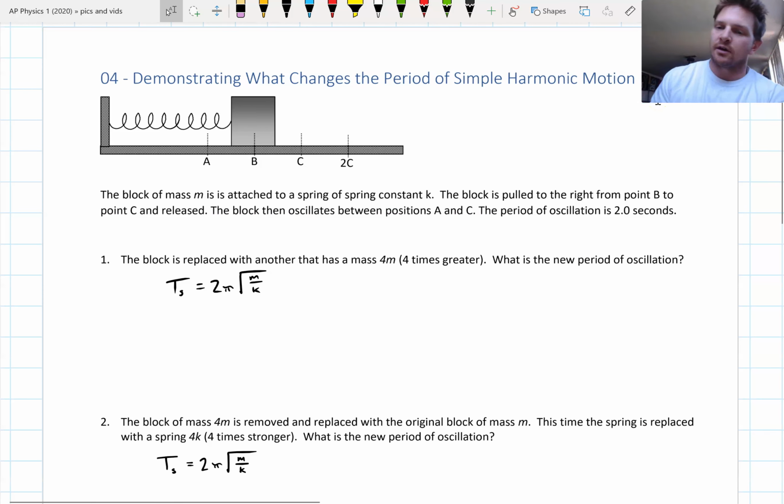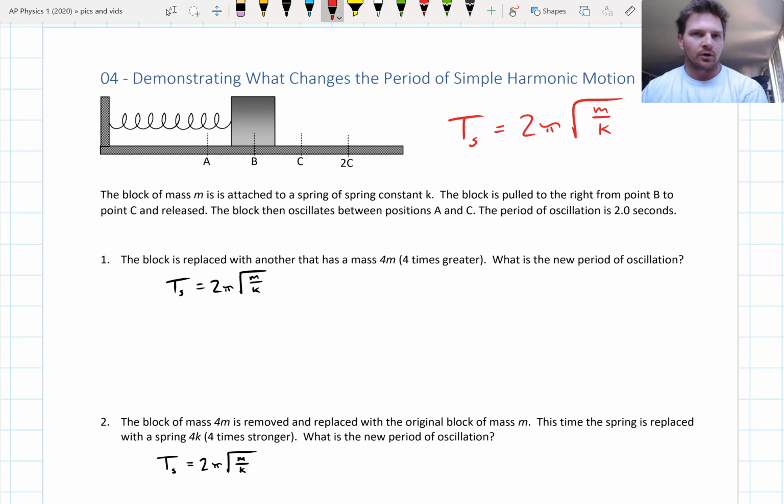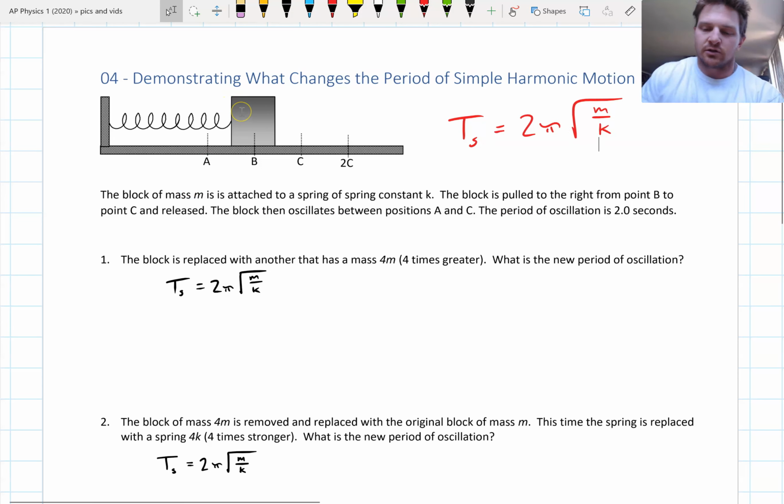So we can write that equation down because this set of problems is going to be all using that one equation, because it's basically going to be asking, if you change this, how does the period change? If you change that, and all that. So we got a block of mass M, so we can even write that on there.